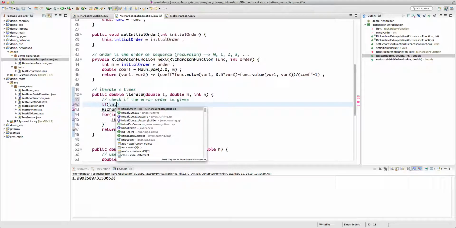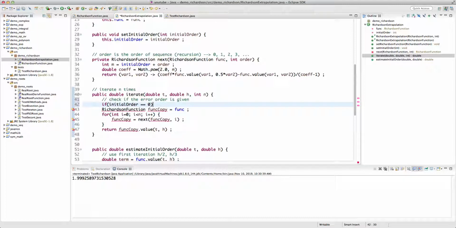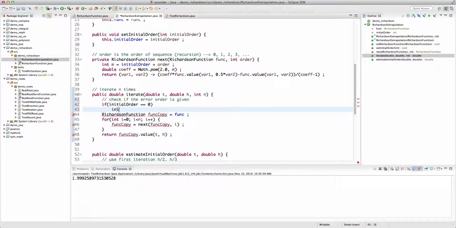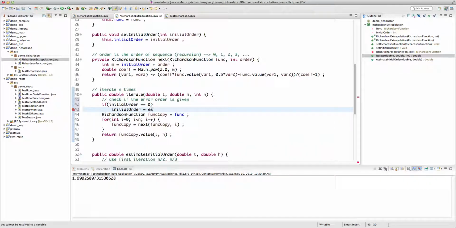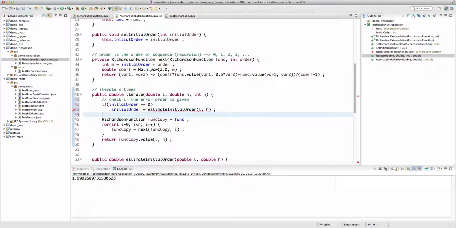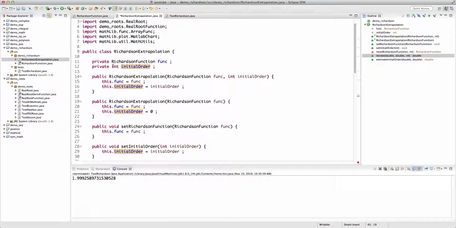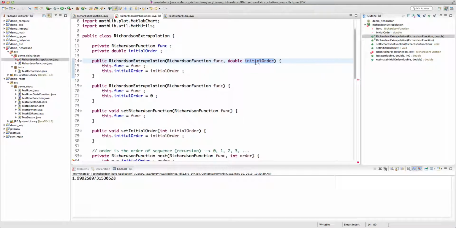If initial order equals 0, just call the method initial order equals get estimate initial order at t and h. And then the problem here is that the initial order, let's just make it double, no need to make it integer. It automatically does the casting here, so let's also make this double. There's no need for the order to be integer, and then we apply 0 here.